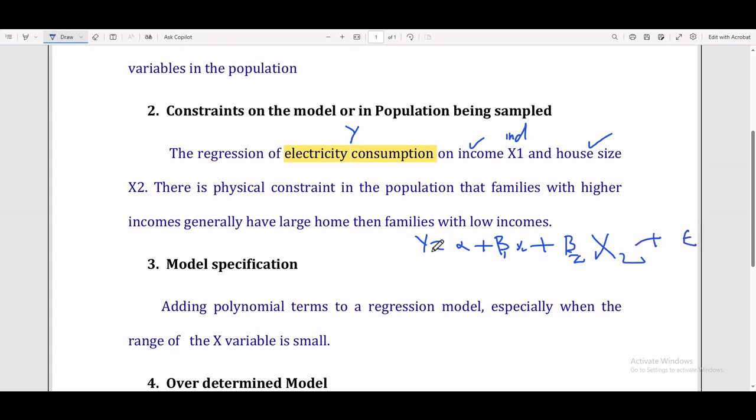So in this model, y is the electricity consumption, x1 is income and x2 is household size. So large income families have larger homes. So there is collinearity among these two variables. This is due to physical constraints. This multicollinearity arises because of the similarity in the dataset.